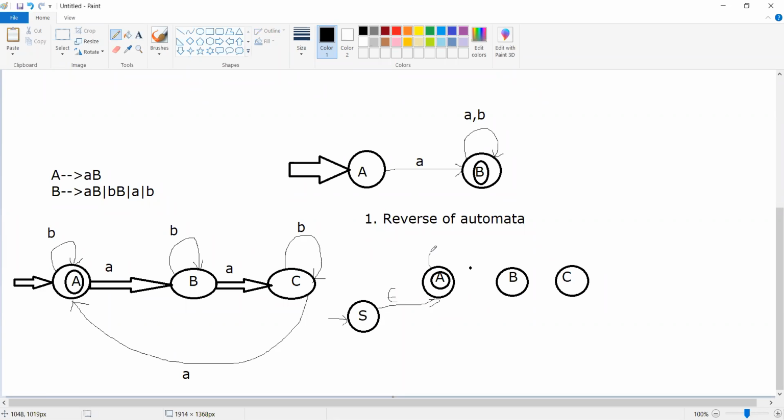From A to B we have a transition, and from here also we have a transition like this.